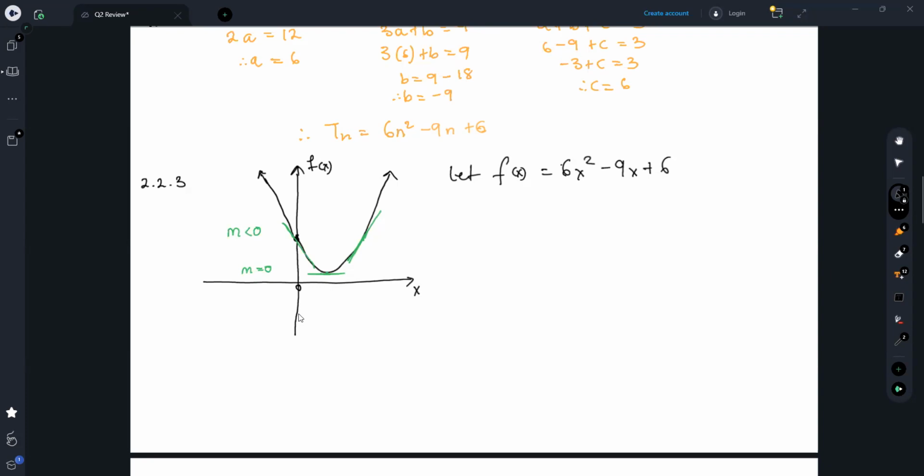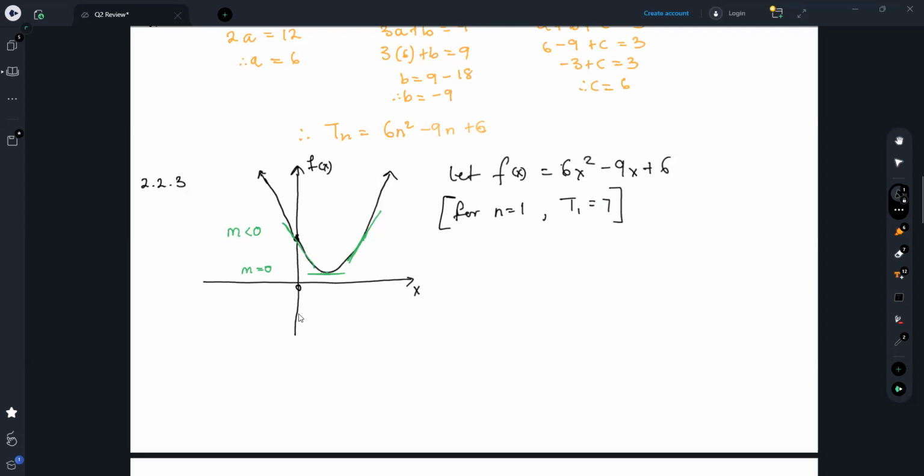So here, I know that my pattern starts at 1, right? For n equals 1, I know that T of 1 is going to give me 7, and that first value here, Tn, will be 7.